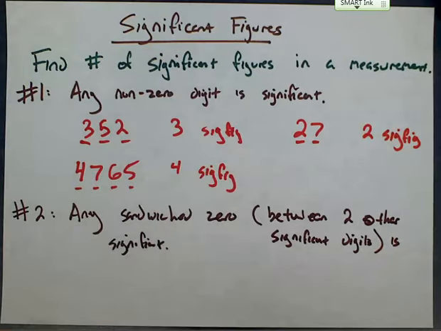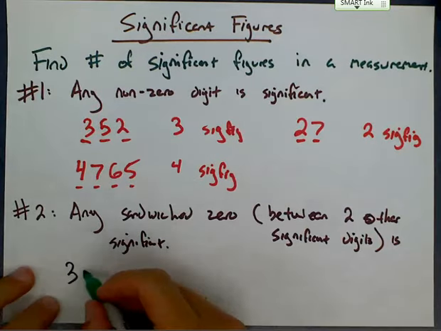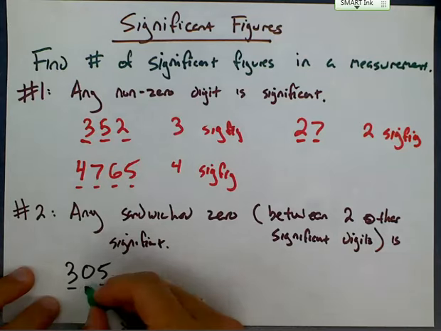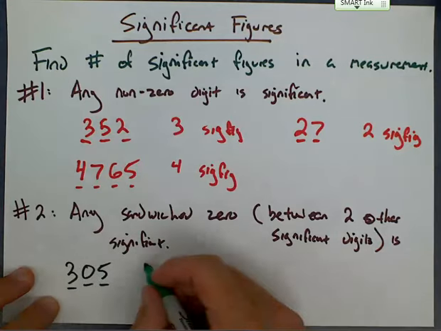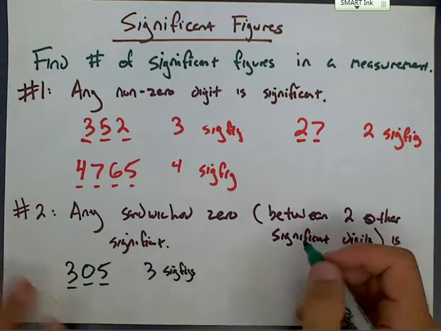Okay? Any sandwiched 0 between 2 other significant digits is going to be significant. So in a number like 305, 3 and 5 are both significant, so that means 0 is as well. This would have 3 significant figures.